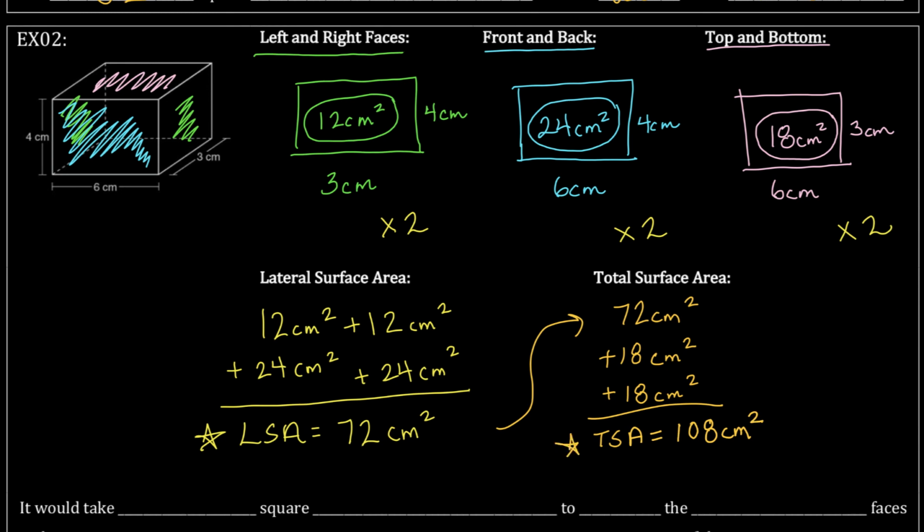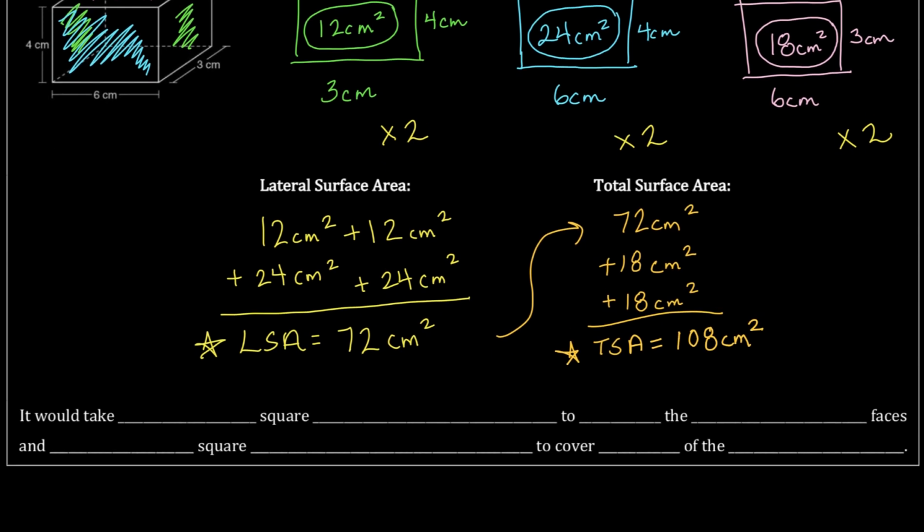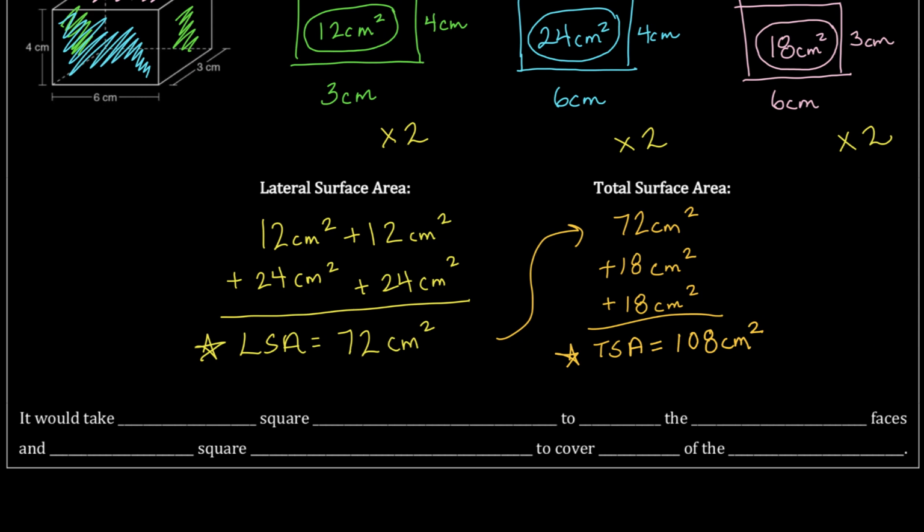Let's go ahead and explain these areas. So it would take 72 square centimeters to cover the lateral faces.